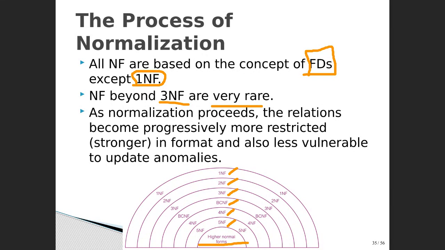Most of the time, it only requires the first three normal forms. And the relation after the third normal form will be less vulnerable to update anomalies. There will be no problems related to insertion, deletion or modification anomalies.